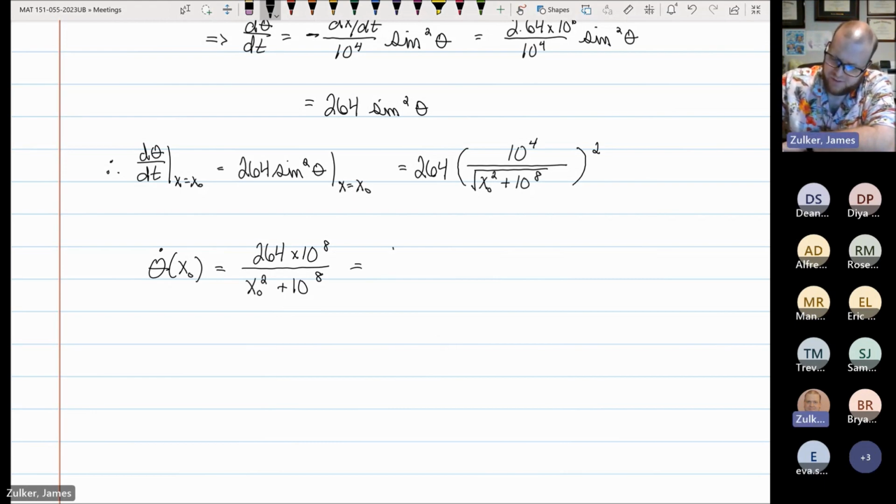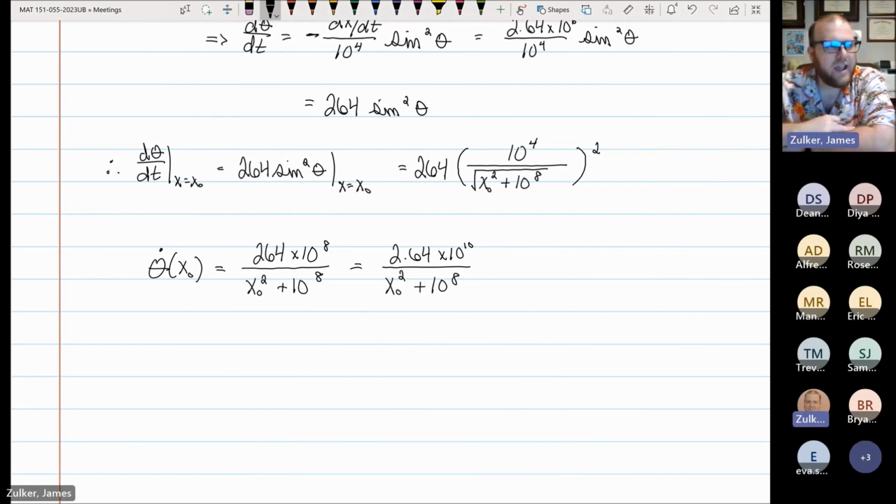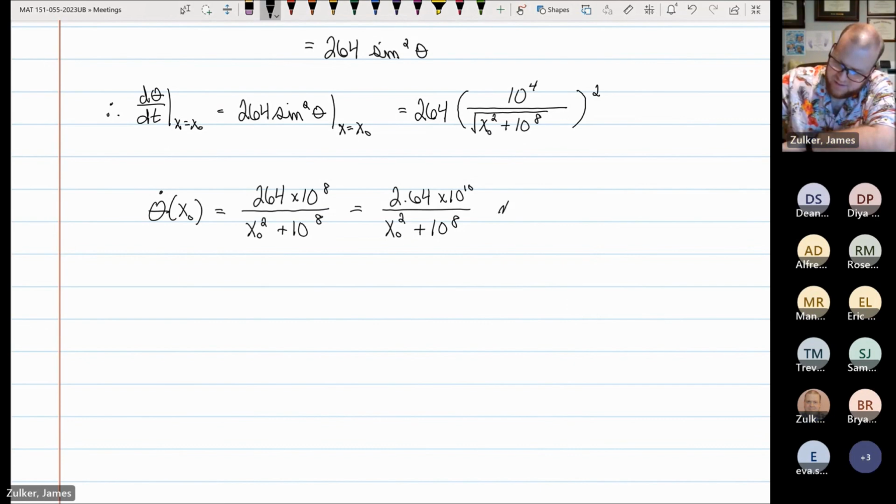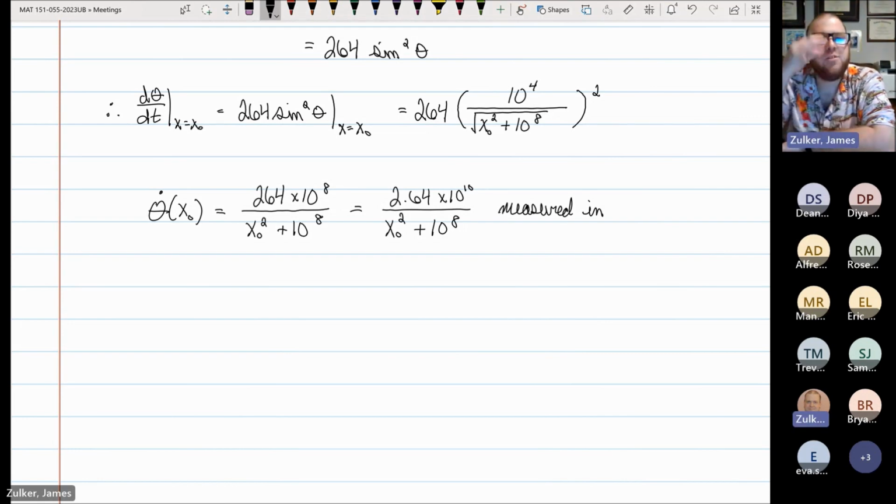Right, or 2.64 times 10 to the 10th over x naught squared plus 10 to the 8th. And then you look at, okay, what are the units going to be?